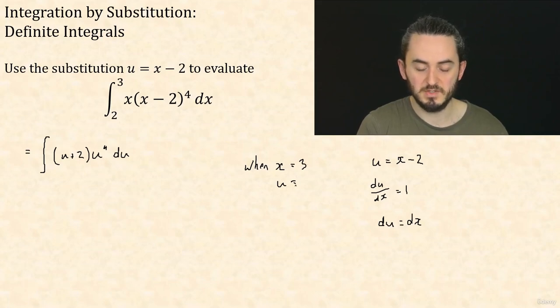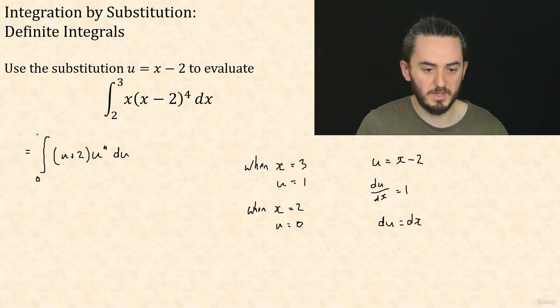So 3 minus 2 is 1. And then when x was 2, that's the lower limit, u is 2 minus 2, which is 0. So I'm replacing my limits here with u limits. And that step must come when you change from integrating with respect to x to integrating with respect to u.